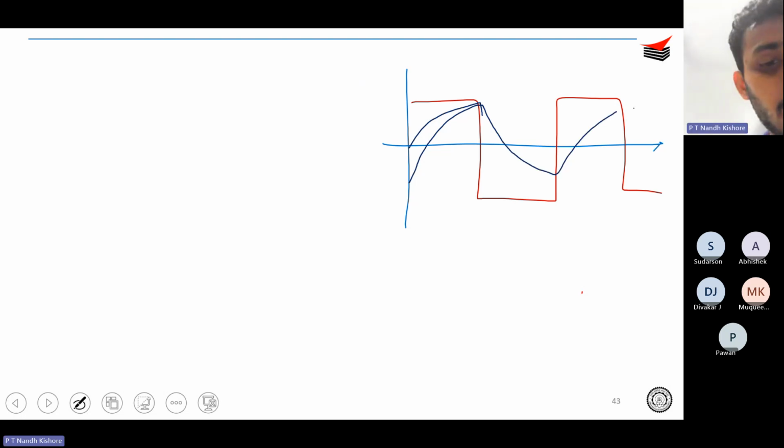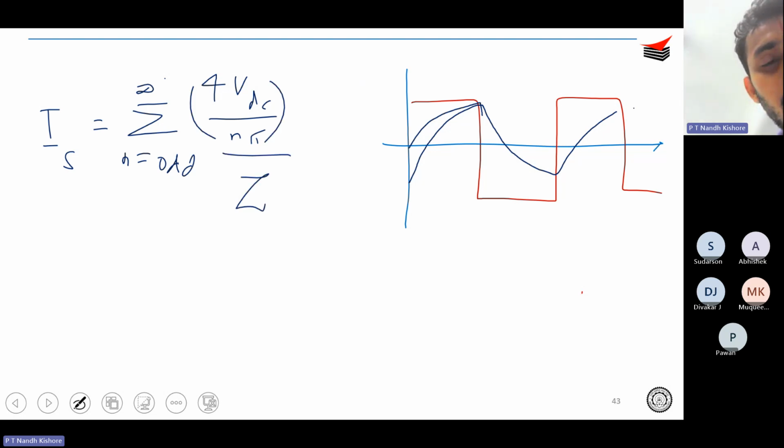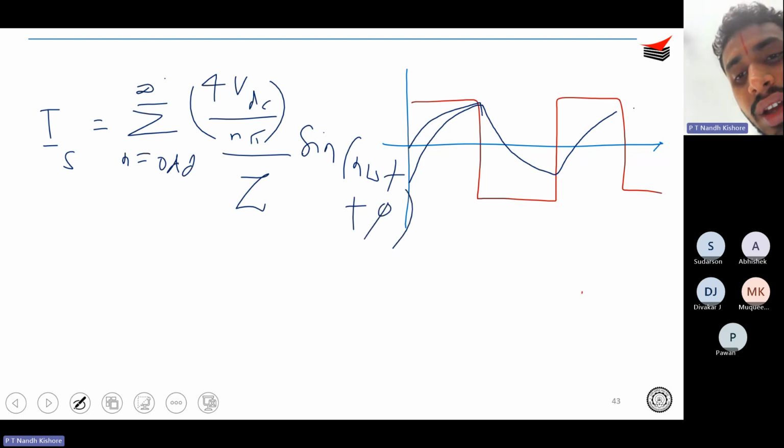So the idea is your I S can be written as sigma n equal to odd to infinity, 4 VDC by n pi, whole divided by Z, the equivalent impedance, and then sine of n omega t plus phi, correct? Where phi is your load angle. We have seen this earlier itself.